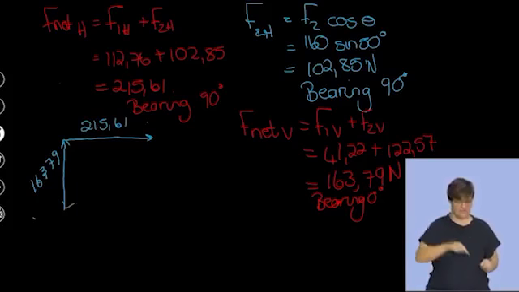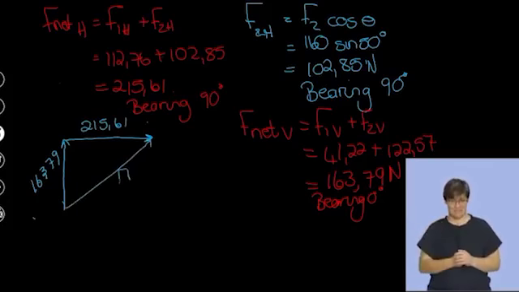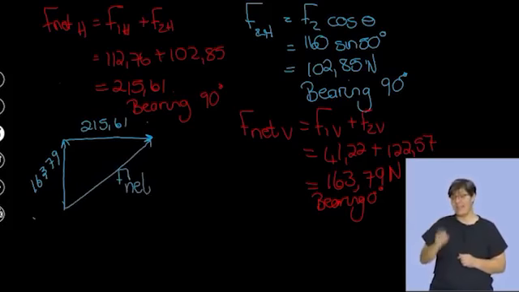My resultant is there. So I want F net. Let's make that F actually look like an F. It's a right angle triangle. We're going to use Pythagoras to find F net. And then we are finally done.